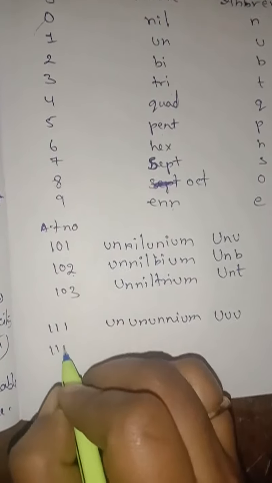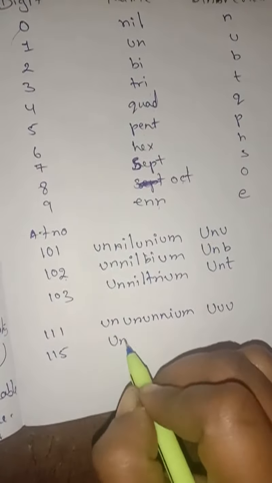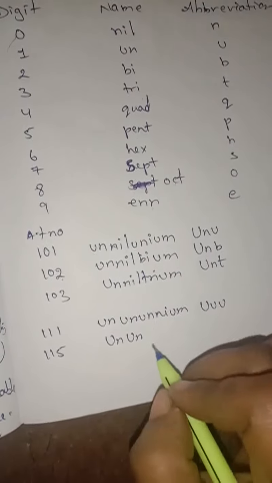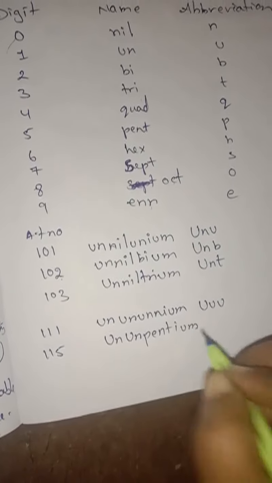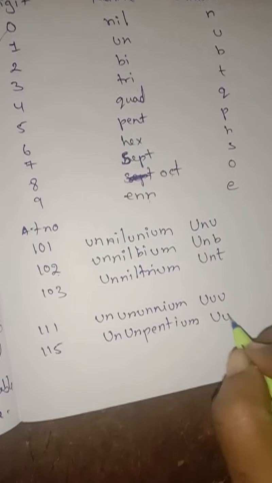For example, 115. So what is the name? Un, un, 5 means pent, P-E-N-T-I-U-M, ununpentium. So the abbreviation is U-U-P.